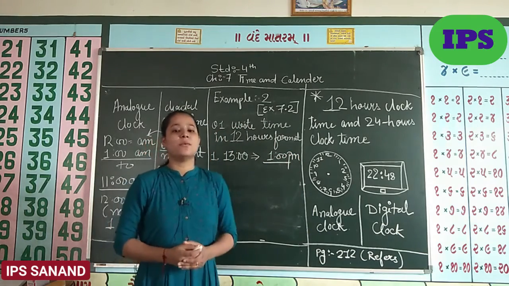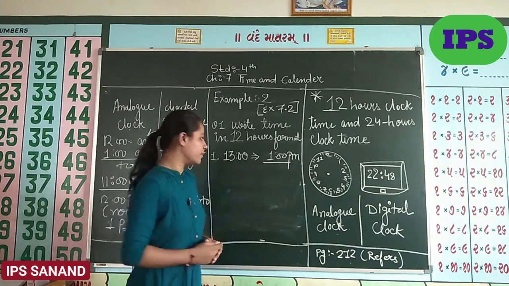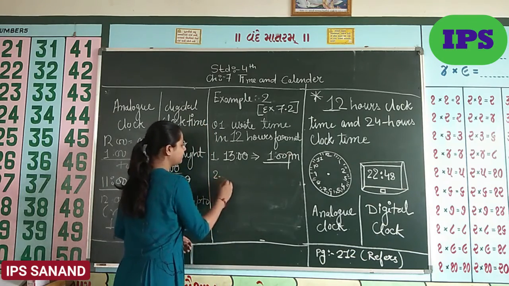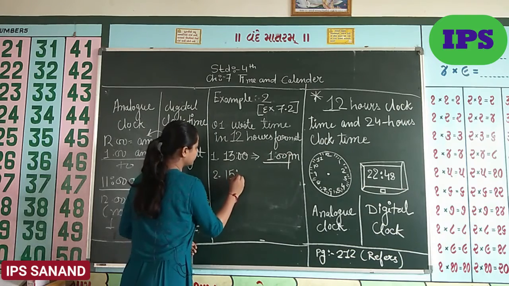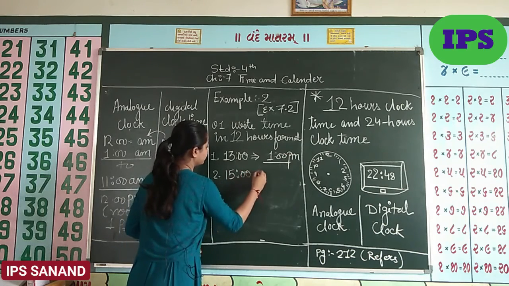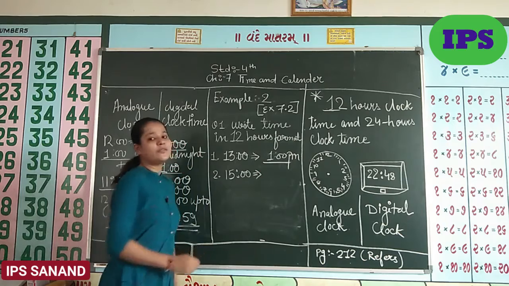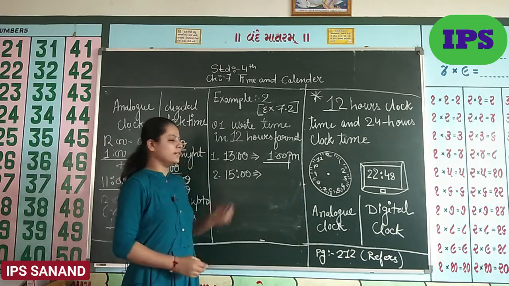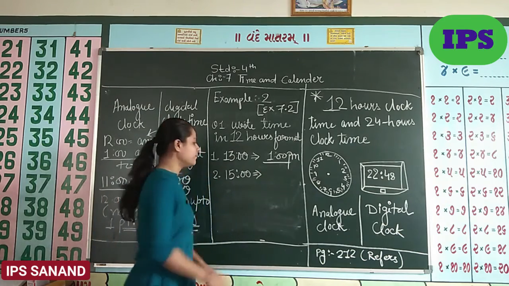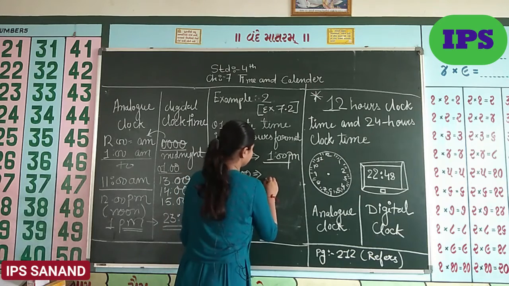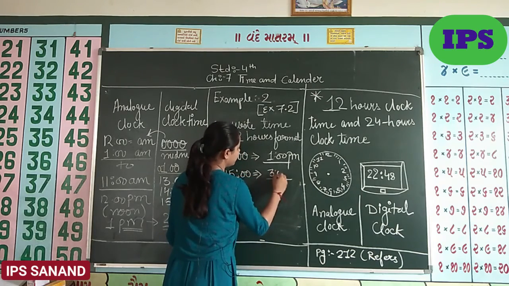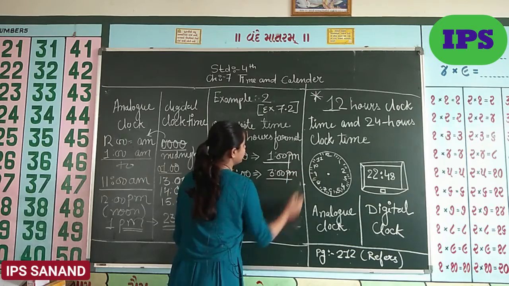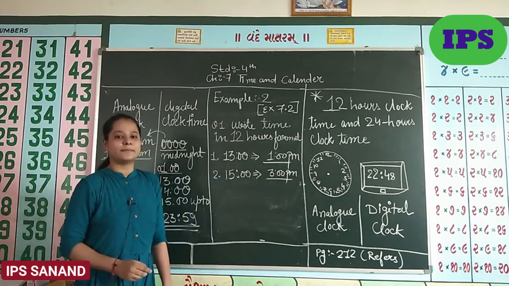Okay, it will be 1 o'clock PM. Let's take another example. What will be the time here? 15. The time will be 3 o'clock as per 12 hours format.